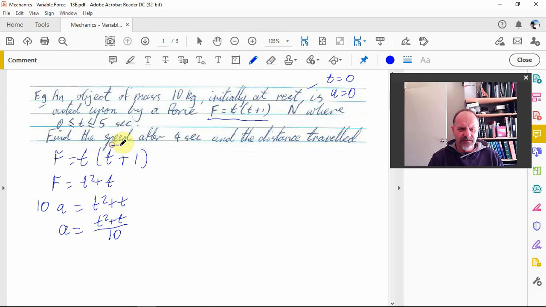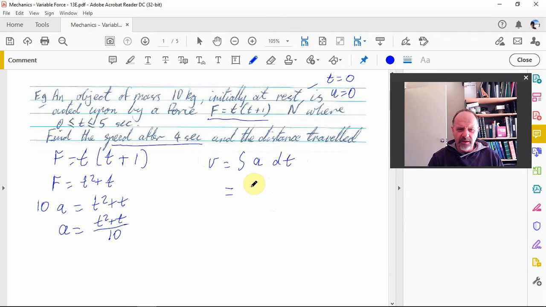Alright, so what do we want? We want to know, first of all, the speed after 4 seconds. So I'll do that over here. So the speed or the velocity is if we anti-differentiated the acceleration with respect to time, and we've got an expression for it over here.